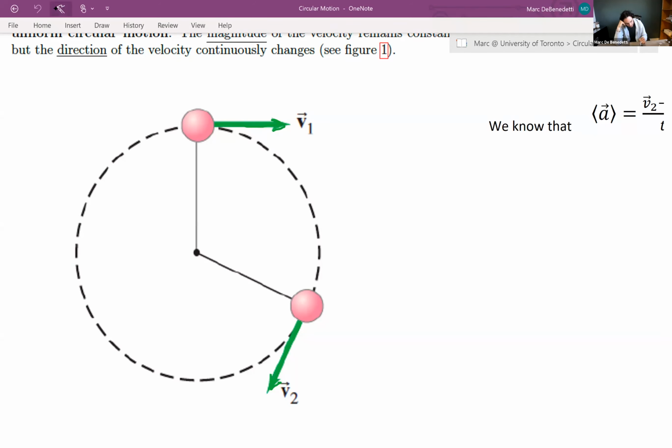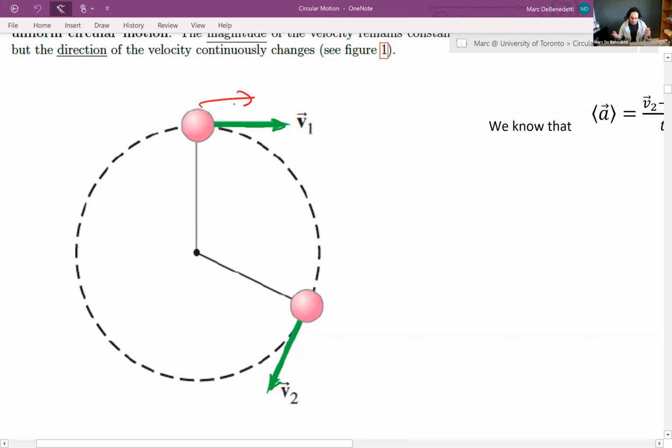When the object is at the top here, the instantaneous velocity of that object is going to be pointing directly to the right, because the object will be coming up this way, and at that one very specific moment in time, the velocity will be traveling directly that way.